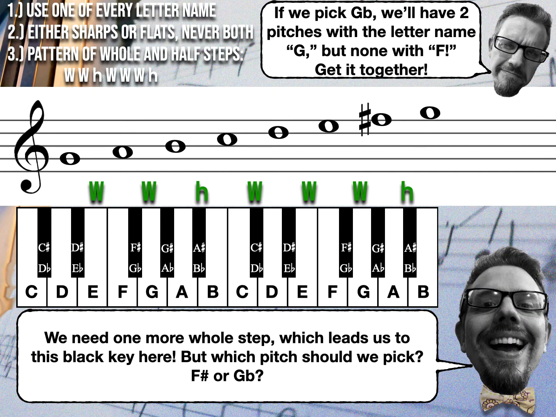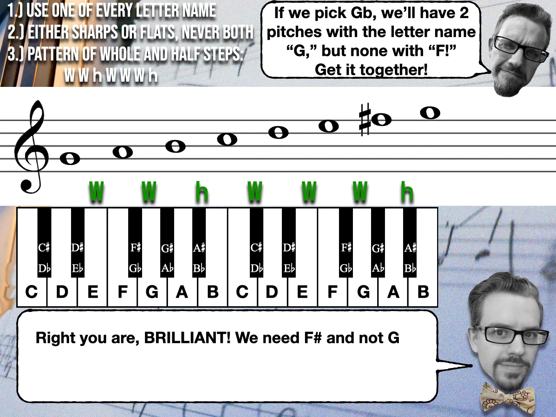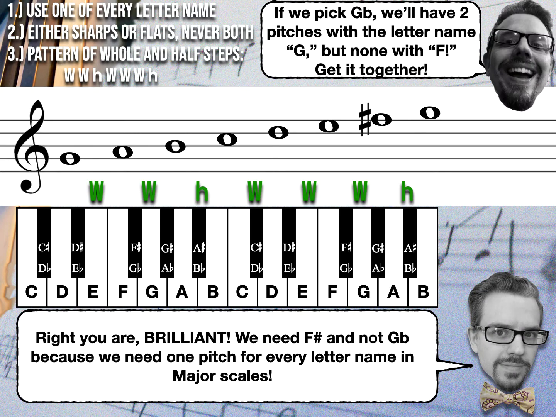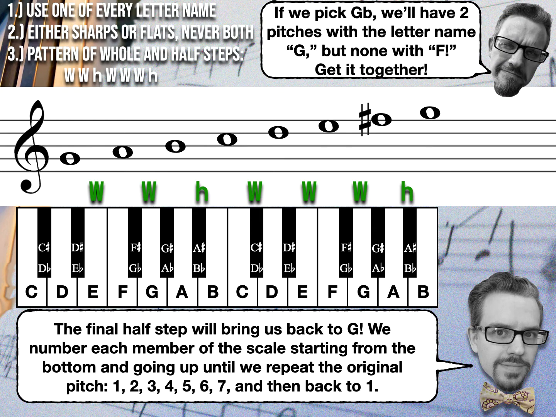If we pick G flat, we'll have 2 pitches with the letter name G, but none with F. Get it together! Right you are. Brilliant! We need F sharp and not G flat because we need 1 pitch for every letter name in major scales. The final half step will bring us back to G.